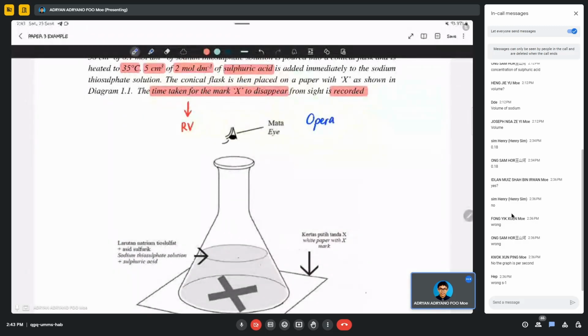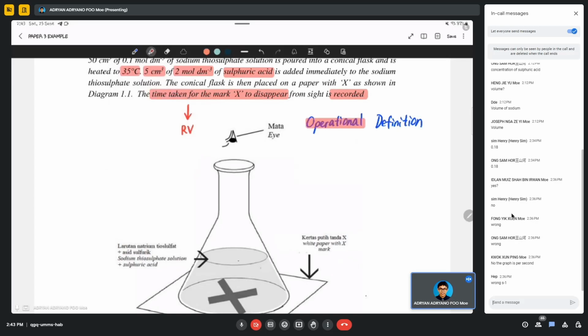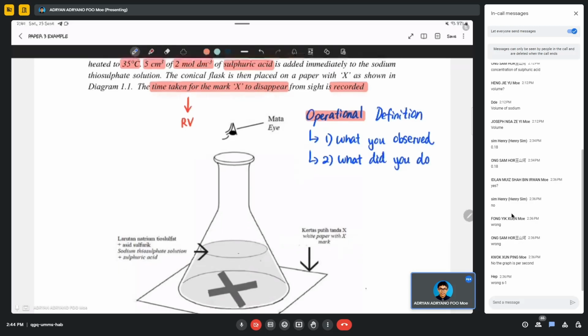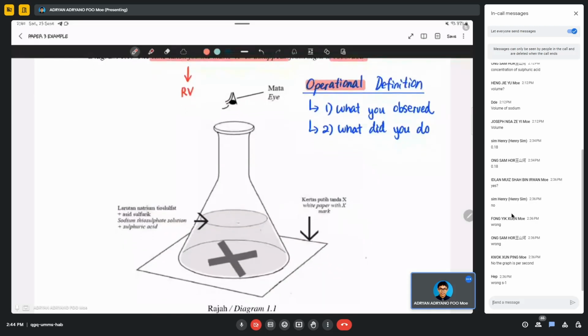Operational definition is different from definition. Definition is the meaning of the thing. But operational definition, because of the word operational, means you must write 2 things. First, what you observe, what you see after you do it. And second, what did you do. This is how you answer an operational definition. As long as you remember these two points, you can definitely get the marks.